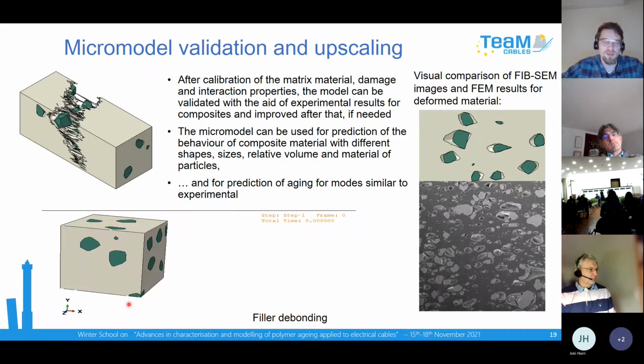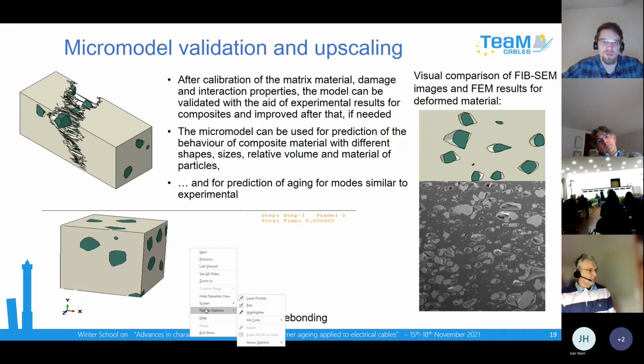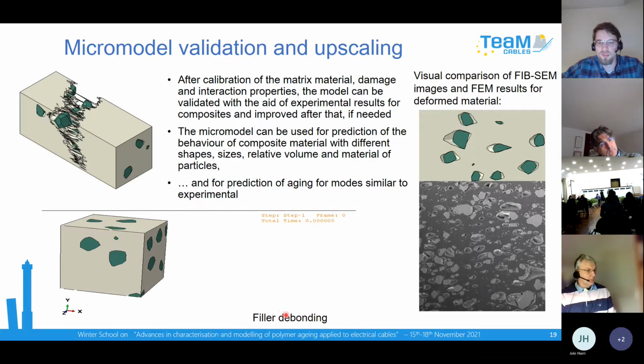So once we have everything here, meaning geometry of the model, matrix material, damage and interaction properties, all this stuff, our model is ready and we can validate it with the experimental results. On the right part of this slide, you can see how the visual comparison can be used for checking if our debonding process is happening properly.